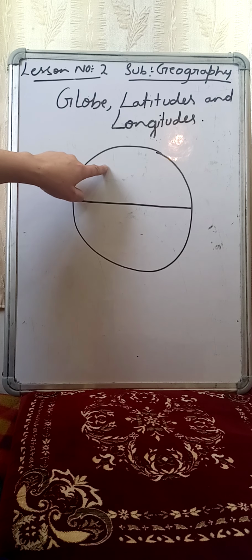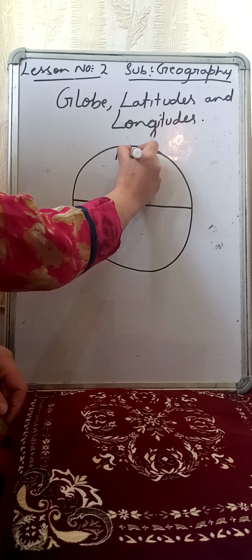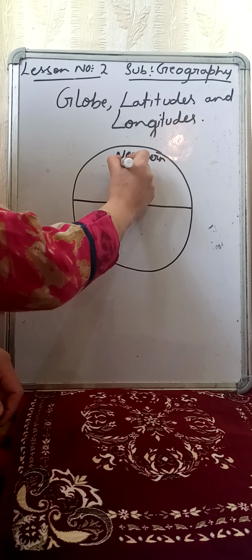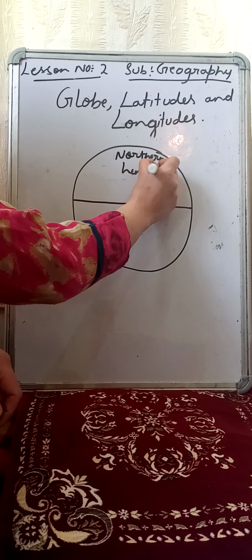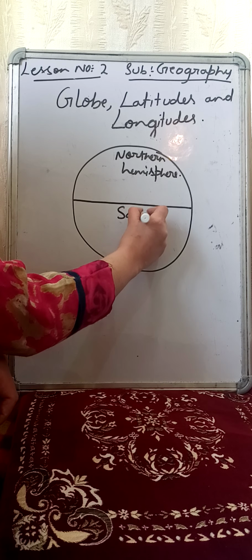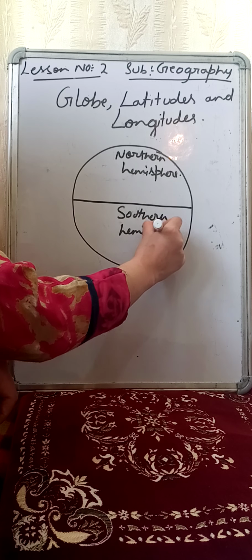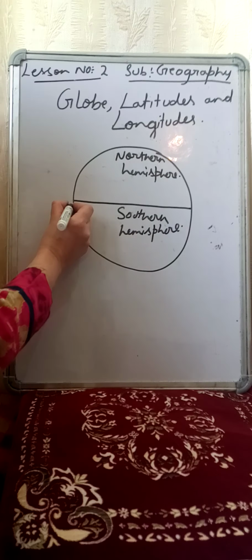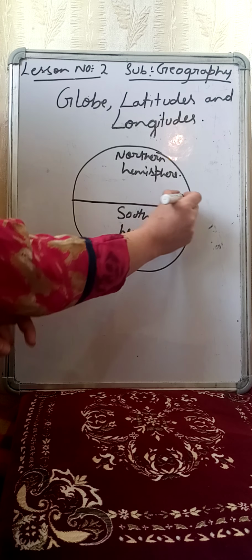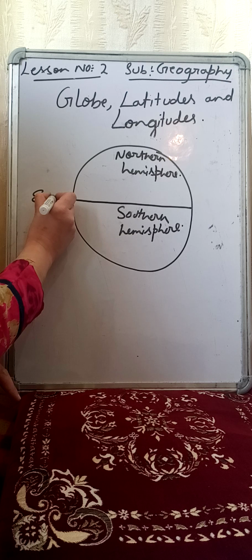The upper part is known as the northern hemisphere and the lower part is known as the southern hemisphere. And this line, which divides earth into two equal halves, is known as the equator.